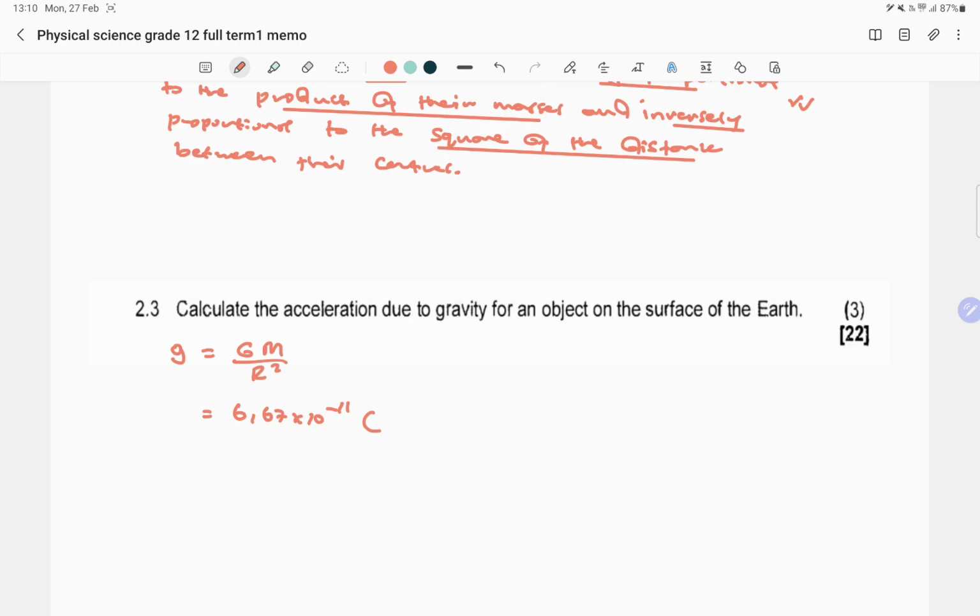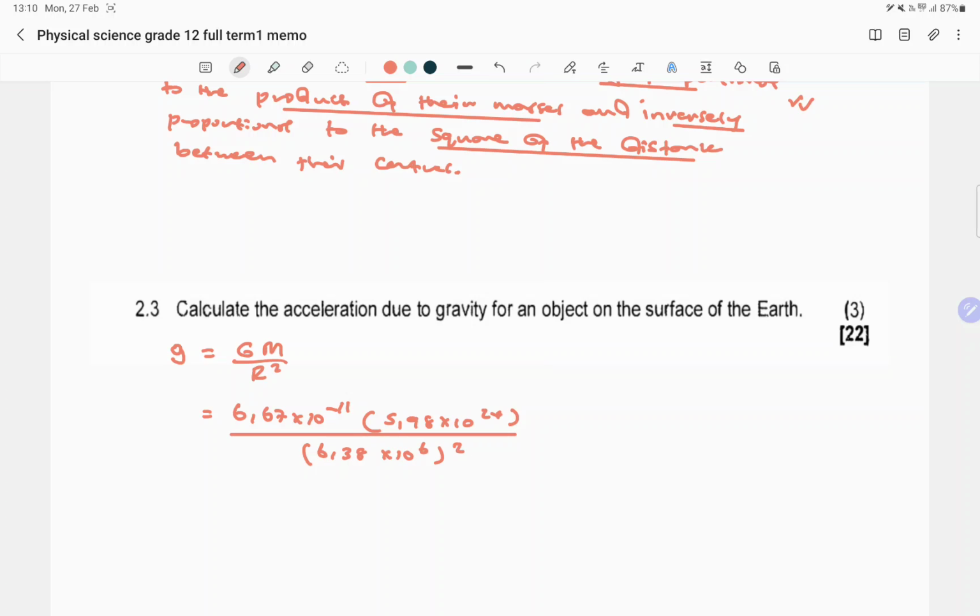I have to open my phone because I forgot to copy those formulae. So the mass of the Earth is what? Yes, 5,98 times 10 to the 24. Wow. Still have a bit of memory. Did I say 24 or 22? The radius of the Earth is 6,38 times 10 to the exponent 6. And then we are squaring it.